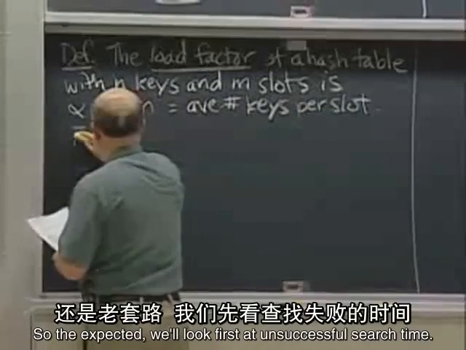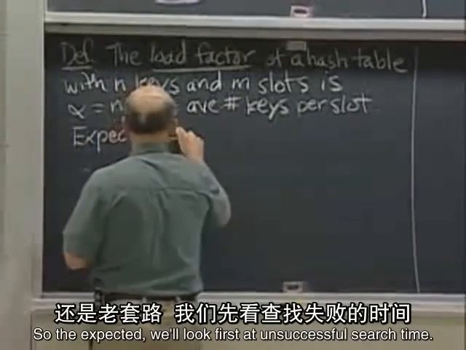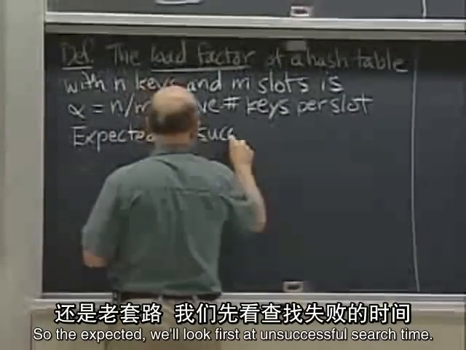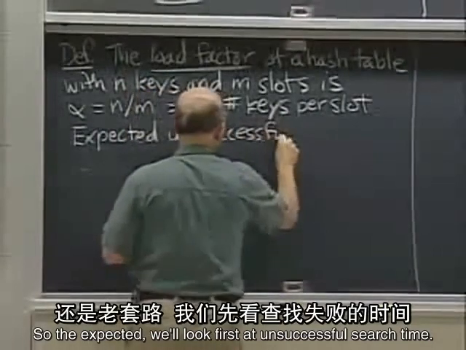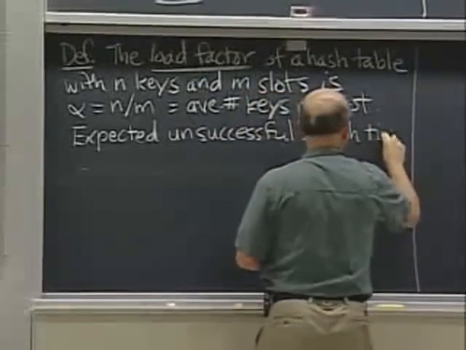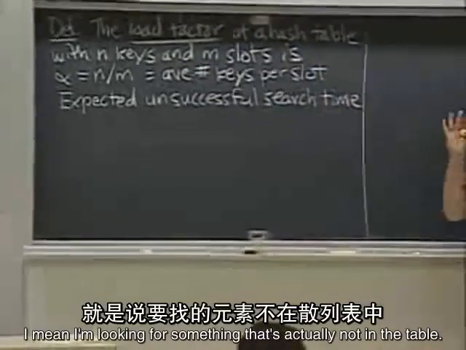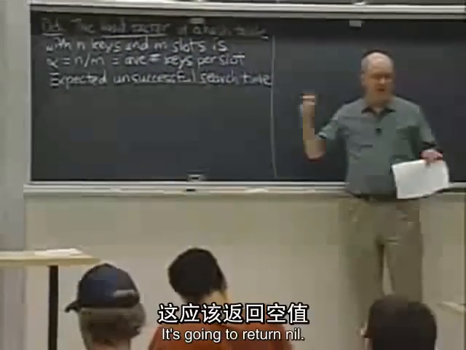So alpha is the average number of keys per slot, and we call it the load factor of the table. How many keys do I have on average? So the expected unsuccessful search time. By unsuccessful search, I mean I'm looking for something that's actually not in the table. It's going to return nil.